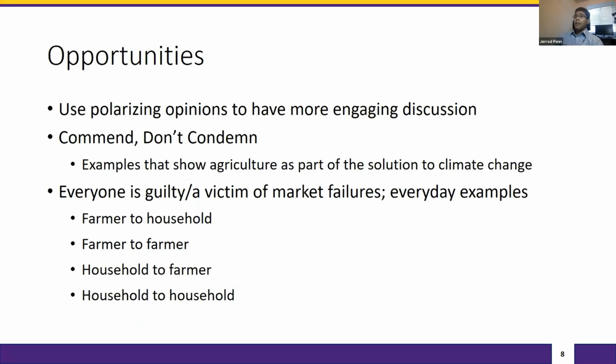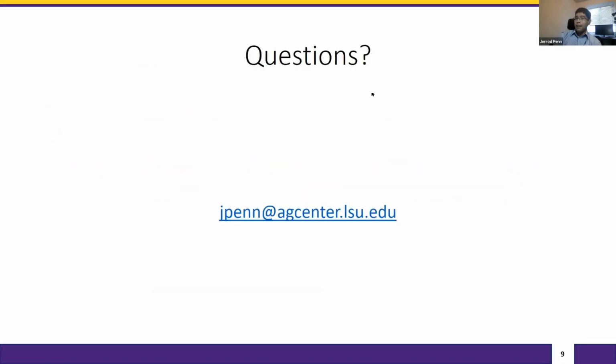Commend, as opposed to condemning, any particular camp in terms of providing a solution to climate change. And then the last one is making sure everyone understands that they are either guilty of or a victim to market failures, that it's not just a farmer to household issue of market failures and externalities. It can be farmer to farmer. It can also be household to household. And that is all I have.